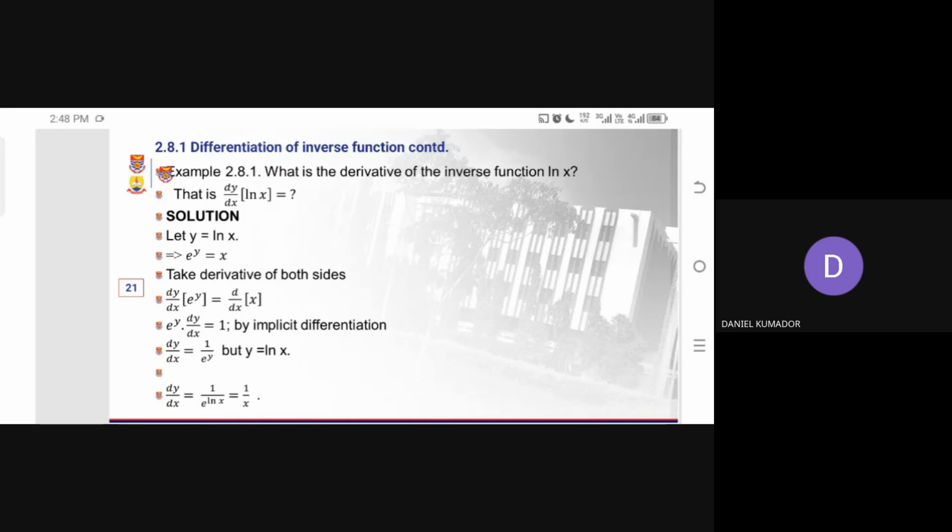They went through a very long process to get it, but this is how you differentiate it: 1 over the x inside times the derivative of x will give you the function. Therefore, if f of x is equal to ln x, then f prime of x is equal to 1 over x. We agree on that.